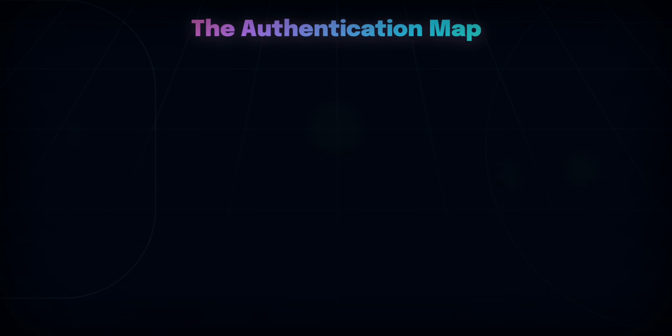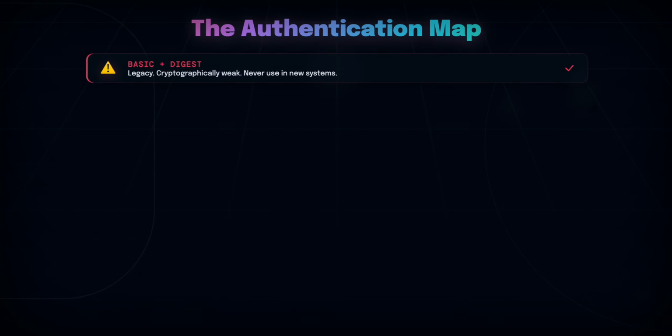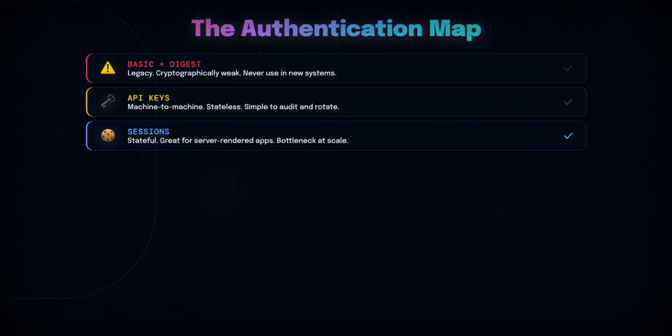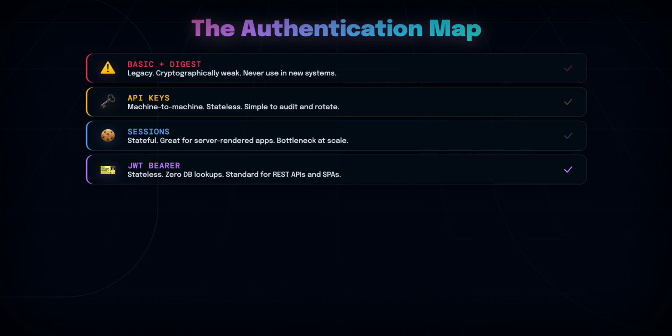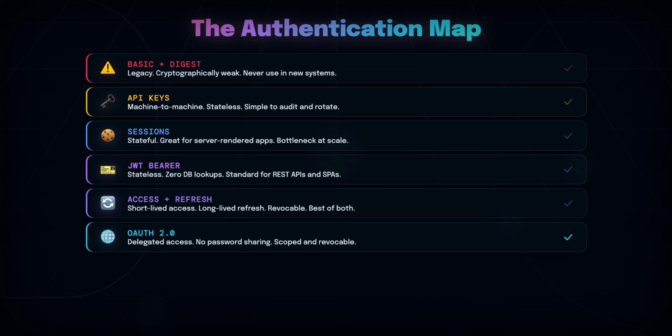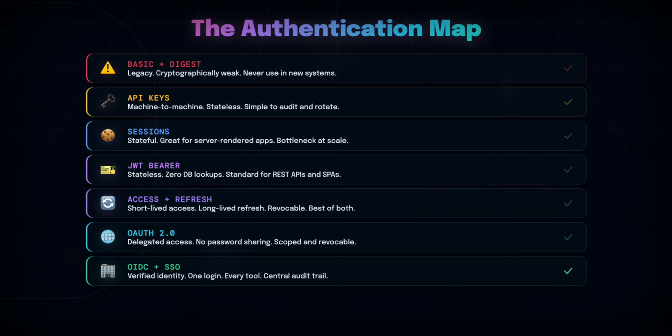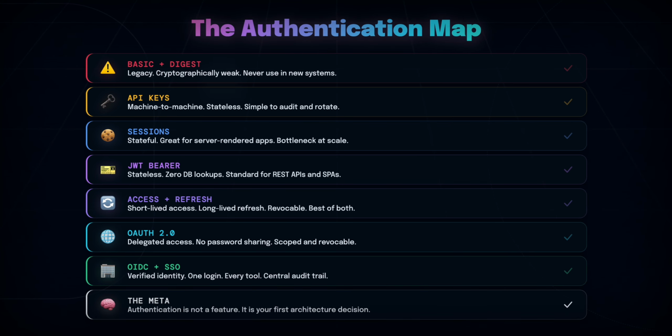8 authentication methods, 8 distinct trade-offs: basic and digest, legacy, never use in new systems; API keys, machine-to-machine, server-to-server; sessions, stateful apps with controlled infrastructure; JWT bearer, stateless scalable APIs and SPAs; access plus refresh tokens, revocable, short-lived credentials; OAuth 2.0, delegated authorization without sharing passwords; OpenID Connect, verified human identity on top of OAuth; SSO, one login, every system in the organization.